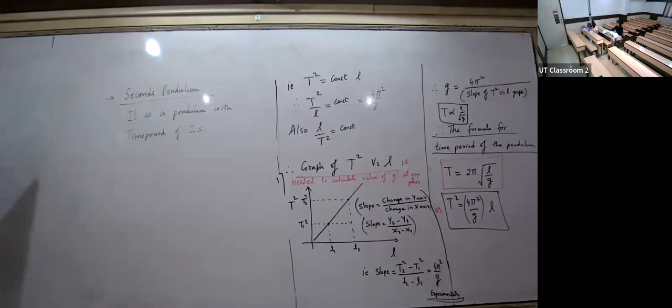Are you able to do it? A simple pendulum completes 40 oscillations in 1 minute. So what is its frequency? Frequency is the number of oscillations in 1 second. So you have to find out how many oscillations in 1 second. In 1 minute, that is 60 seconds, there are 40 oscillations.